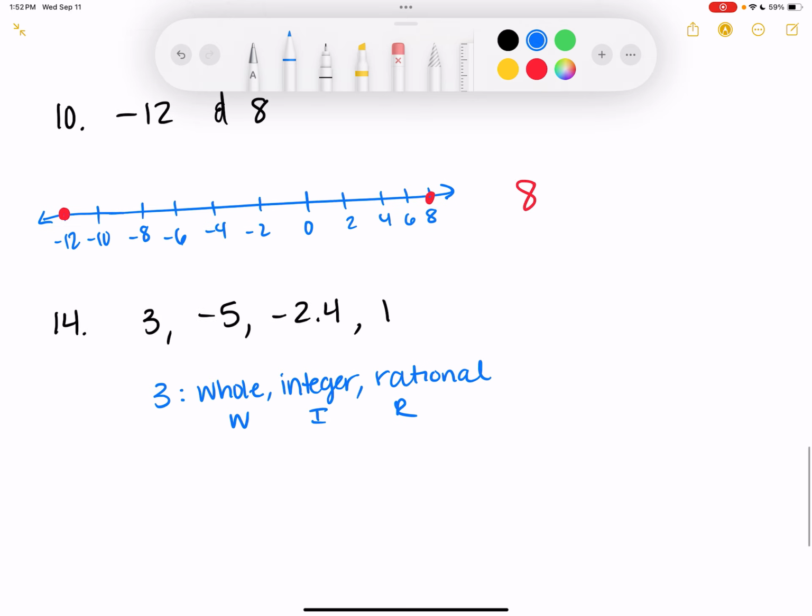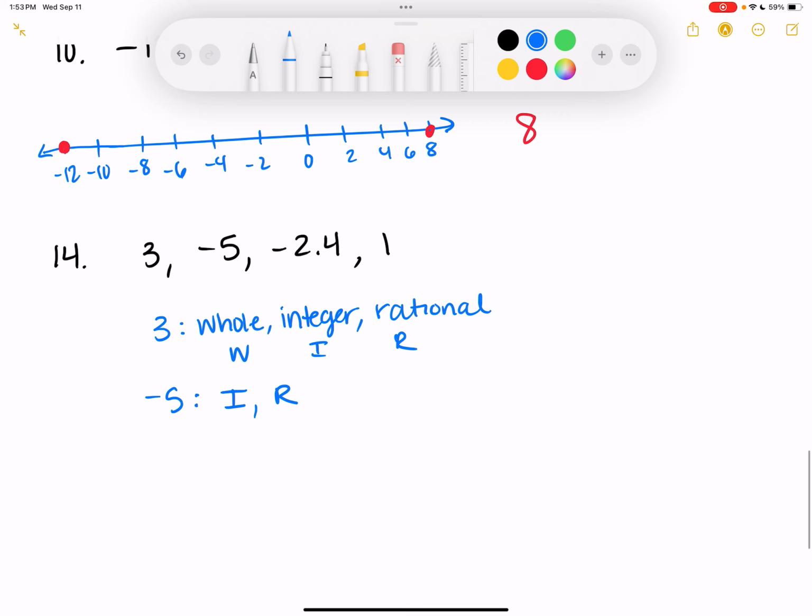All right, what about -5? What is it? Integer. Is it anything else? It's rational. Yep. But it's not whole because it is negative. How about -2.4? Just rational.